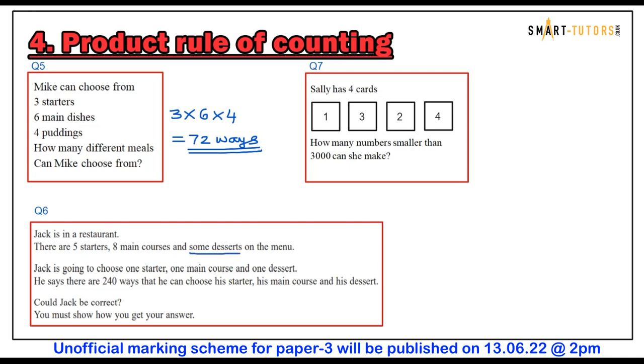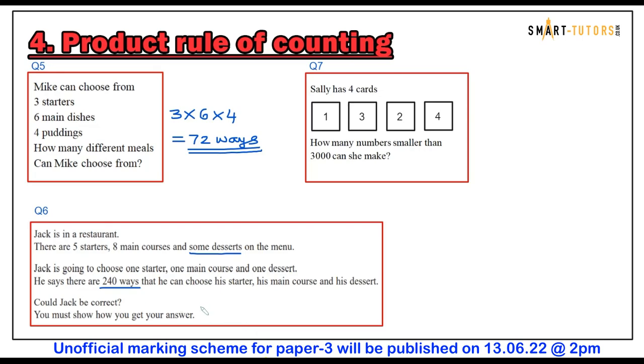They didn't say how many desserts are on the menu. Jack is going to choose 1 starter, 1 main, and 1 dessert. He says there are 240 ways that he can choose his starter, main, and dessert. How could Jack be correct? You must show how you get your answer, right?